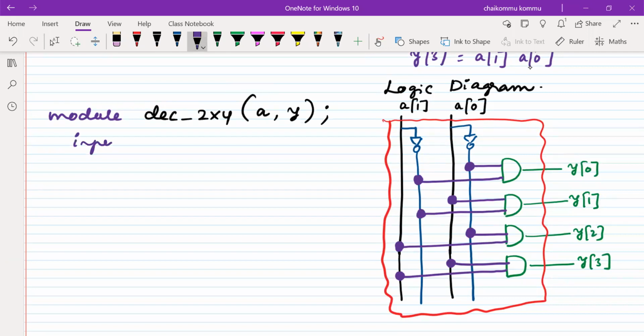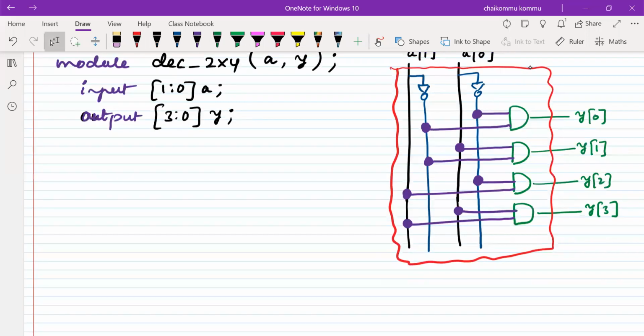The inputs are 1 down to 0 of A, and my output is 3 down to 0 of Y. As we know, we need to call each and every gate, so I will write the gates in green color.